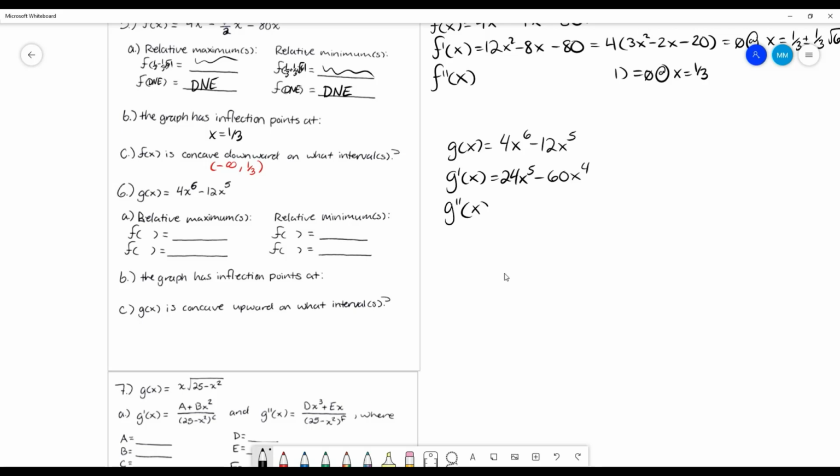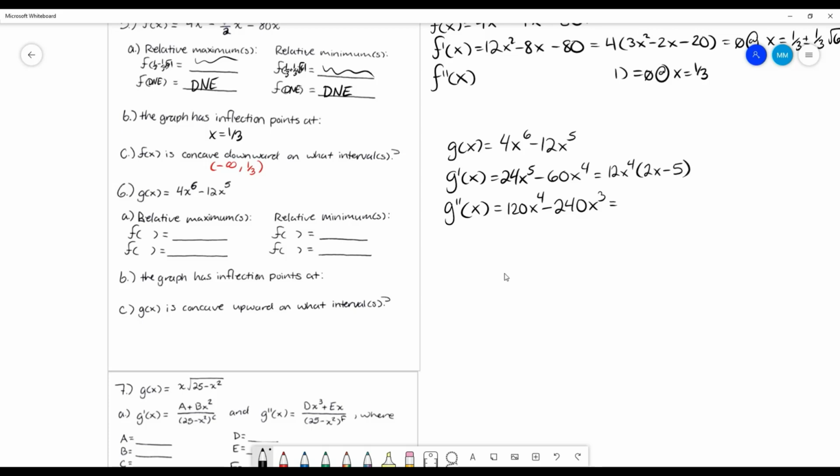And the second derivative, 24 times 5, only 24 times 4 is 96. 96 plus 24 is going to be 120, I think, minus 240x cubed. Okay. I can go ahead and factor out 12x to the 4th there, and I just get 2x minus 5.